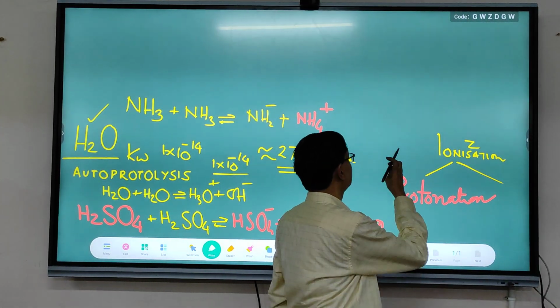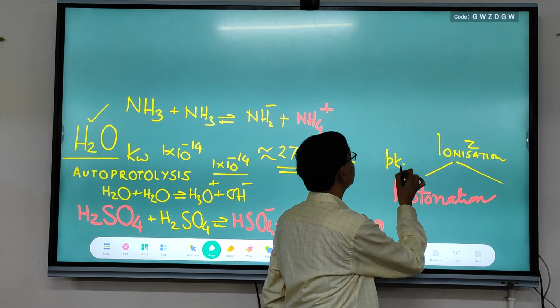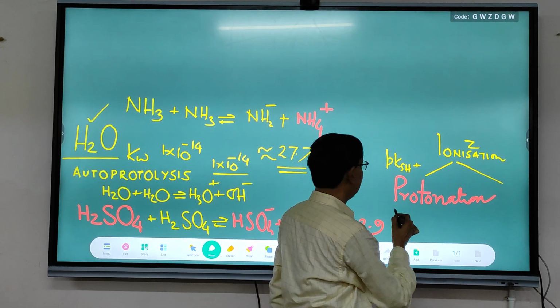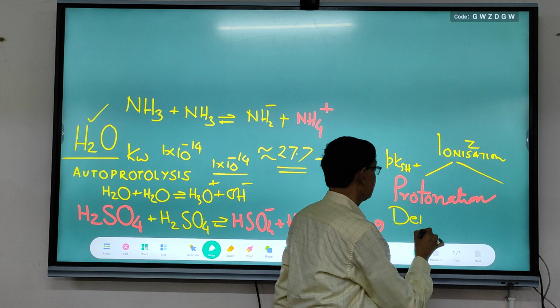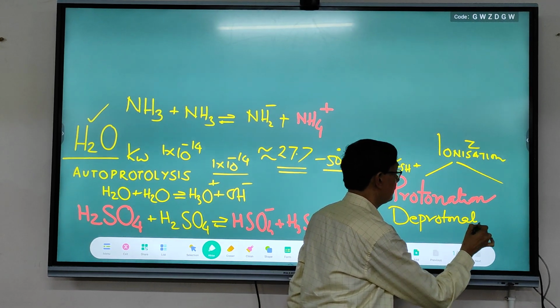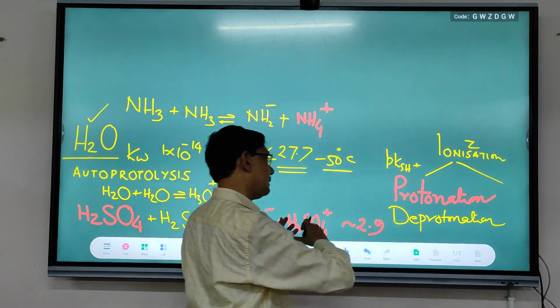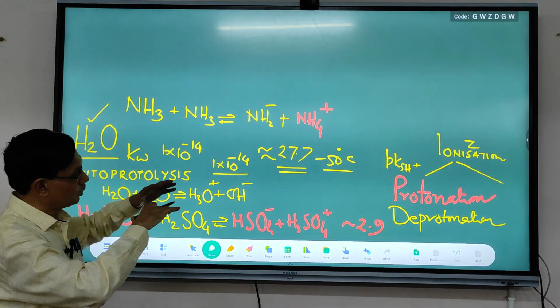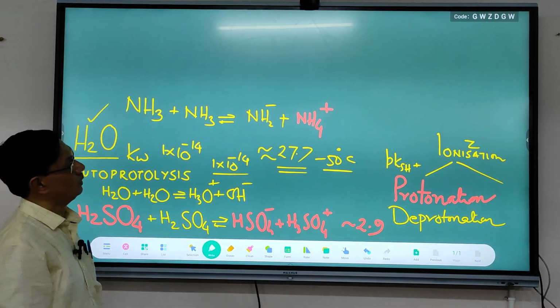Protonation means pKSH, like that, and deprotonation. So one is ionization, that is in two parts: protonation and deprotonation.